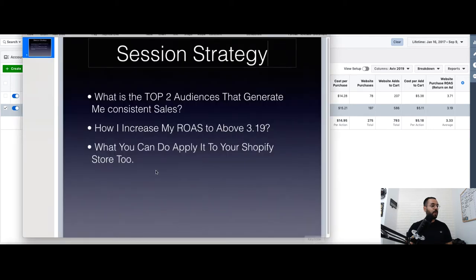More than that, what I'm going to show you is how you can increase your ROAS and how we did that to 3.19. This is really important in e-commerce, especially in Shopify and in all the hard times right now. What you should do to discover this, and why I'm showing you that, is you should test your lists. You should test your audiences. We also found that the pop-up audience is working best for us.